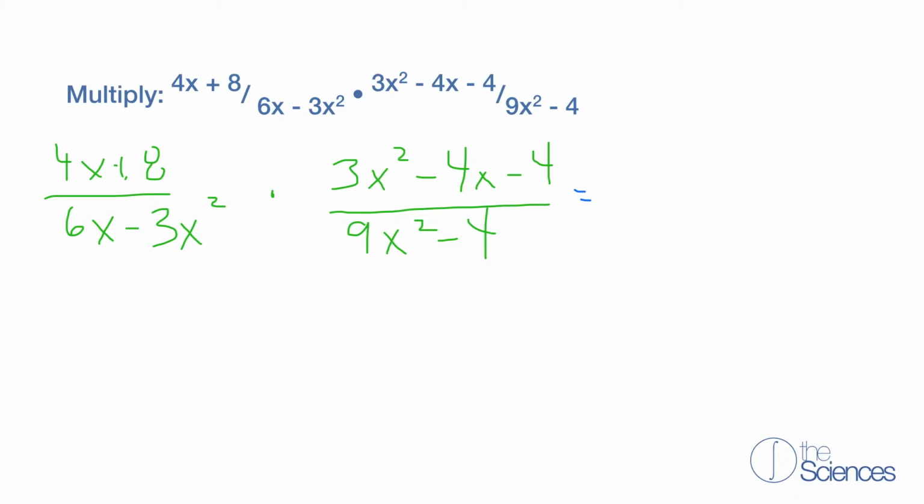So in the numerator, here we have 4x plus 8, so we could factor out 4 from each term. So we have 4 times x plus 2 divided by, here we have 6x and 3x squared, so we could factor out 3x from each term.